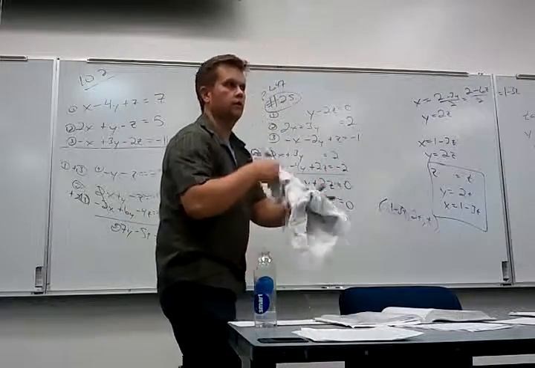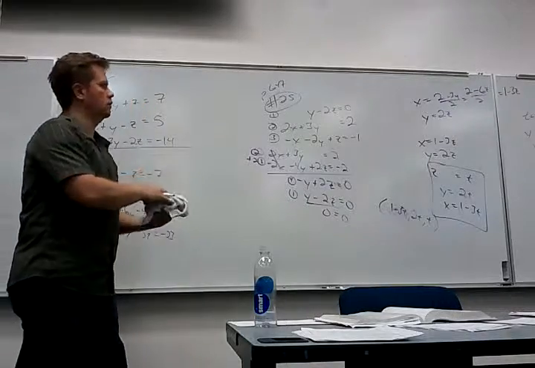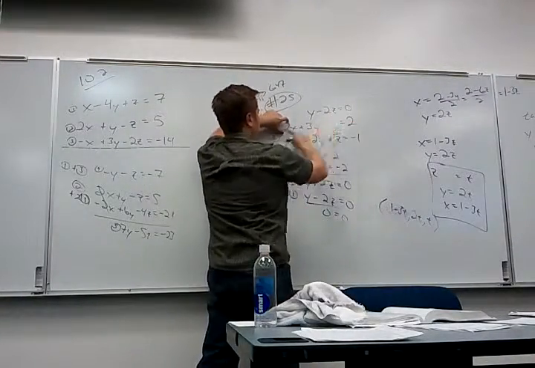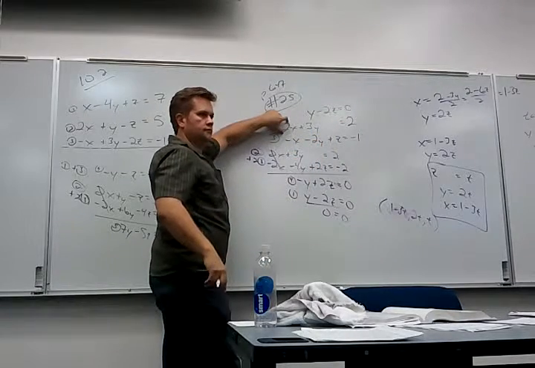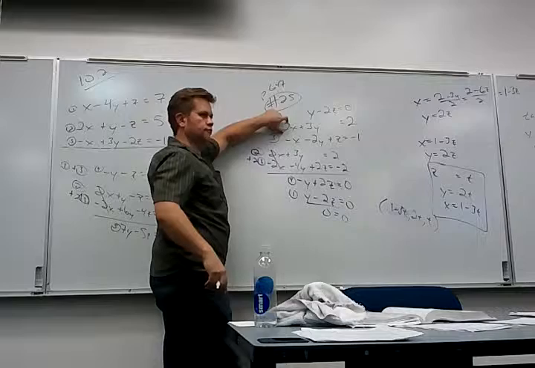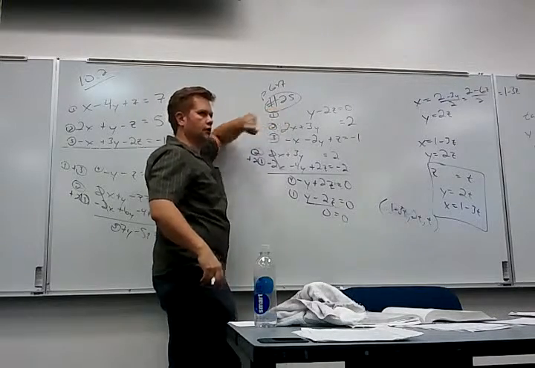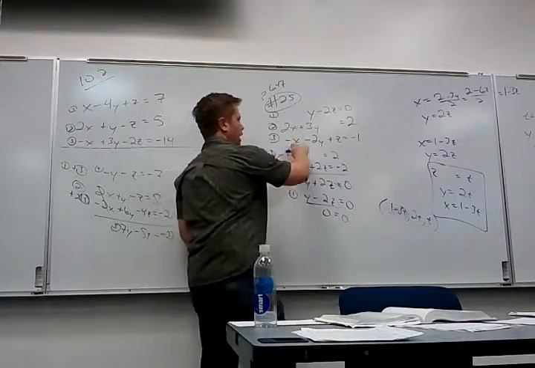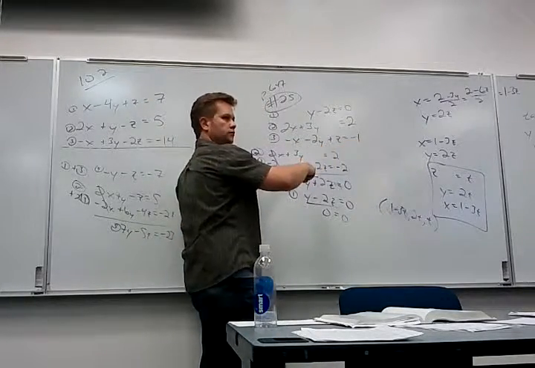Okay. Yes, sir? How did you get 2 minus 3y? From here. So subtract 3y, divide by 2. Is that cool? You could go from number 3, add the x over, add the 1 over.